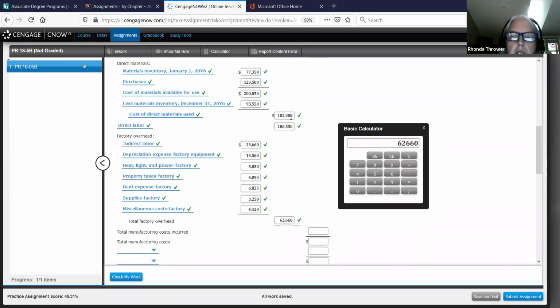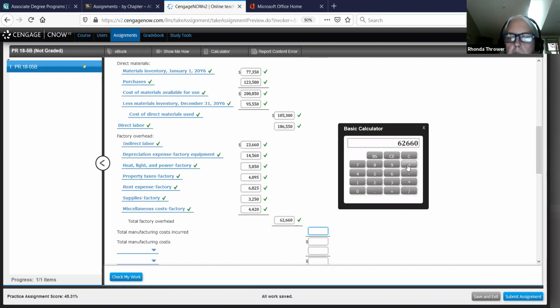Now, all of these in the second column here are your total direct materials used, your total direct labor, and your total factory overhead. All of those combined are what we call total manufacturing costs that are incurred during this period of time.